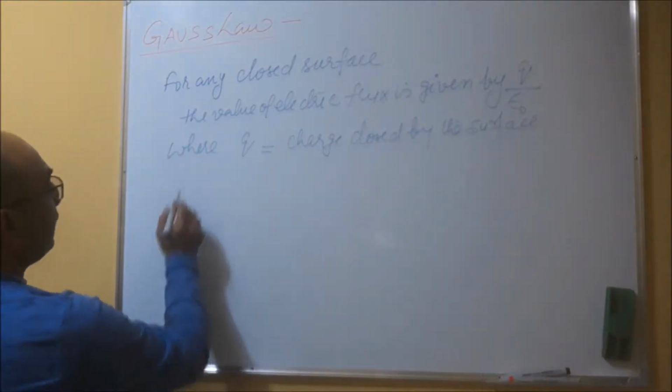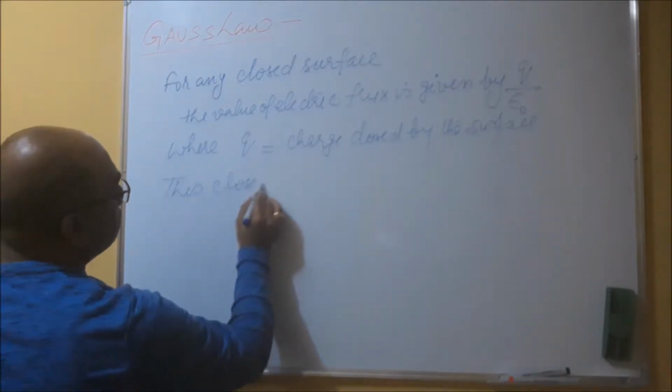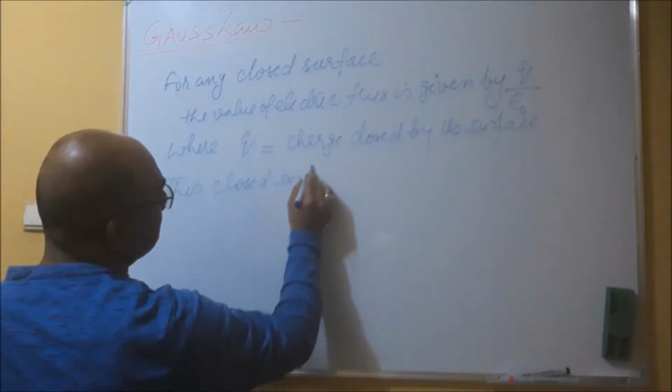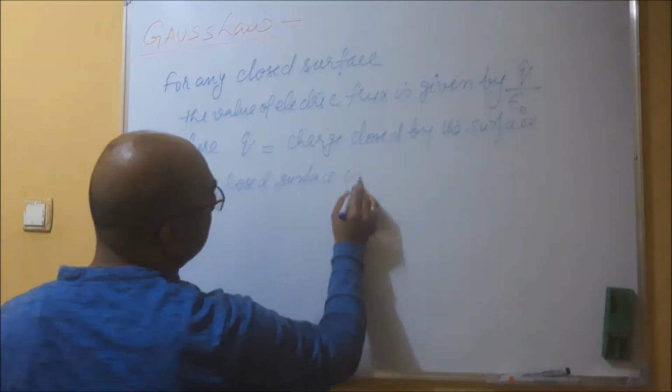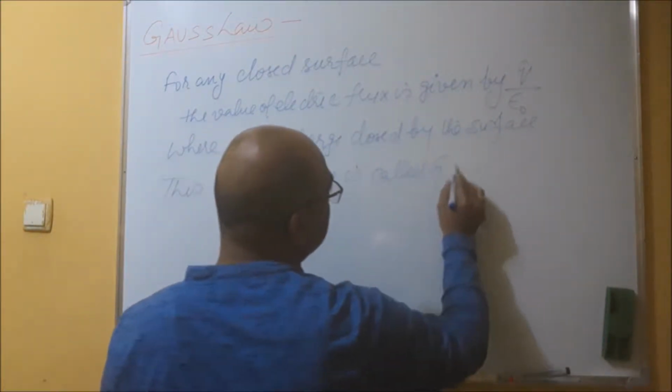This closed surface is called Gaussian surface.